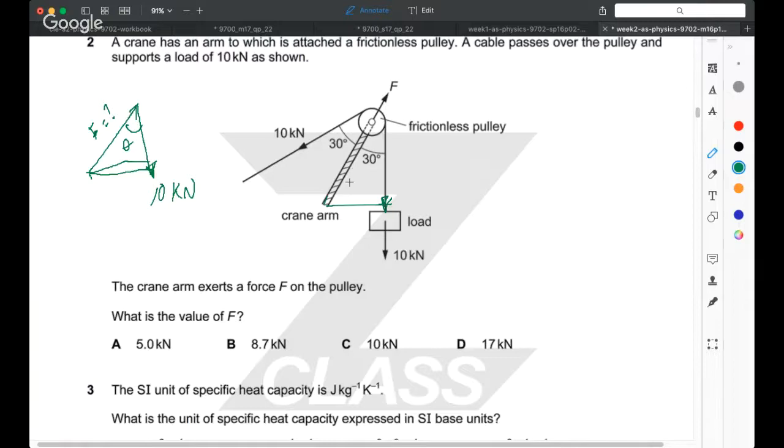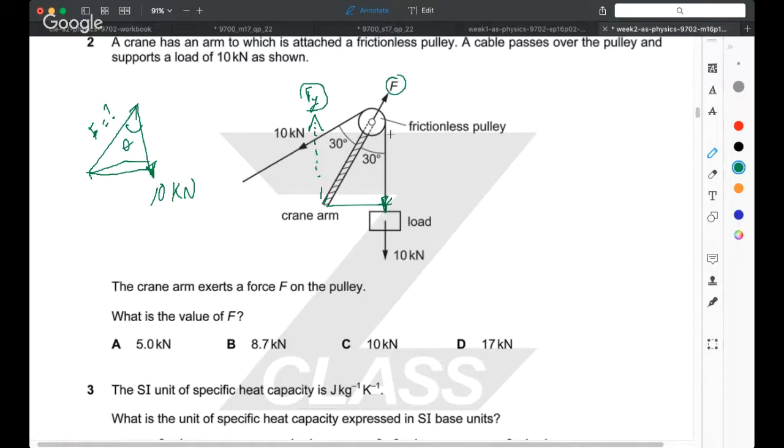The actual force is going in the opposite direction. What is needed is f of y. So how can you calculate f of y? It's still part of this force, but only the part that goes in the vertical direction.